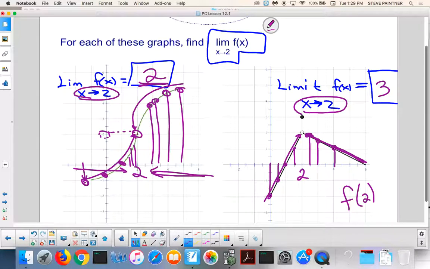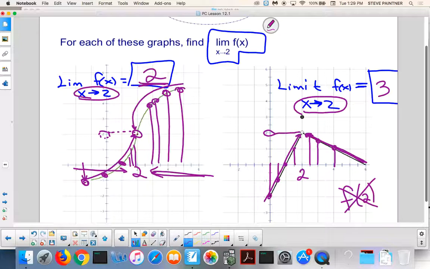But I'm not asking you f of 2, I'm asking you what? I'm asking you the limit as x approaches 2, which means what number are we approaching? It is 2.